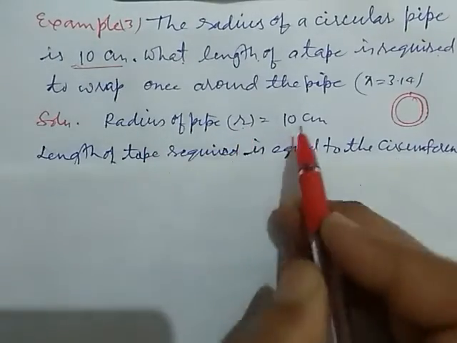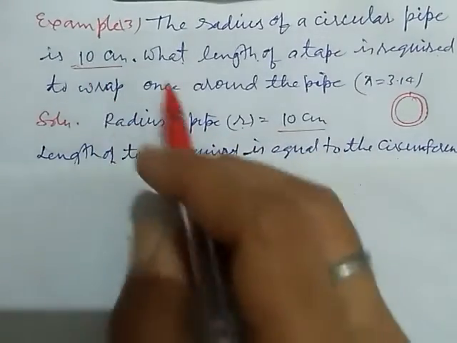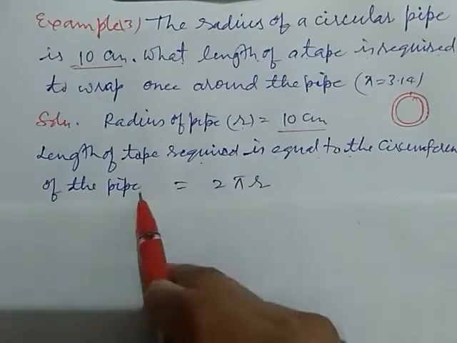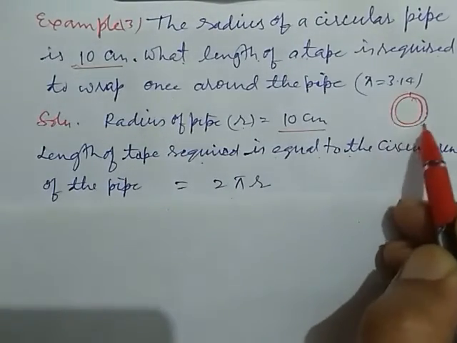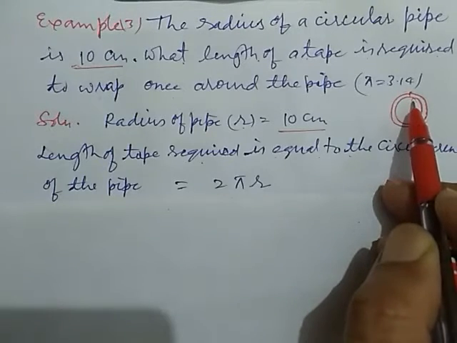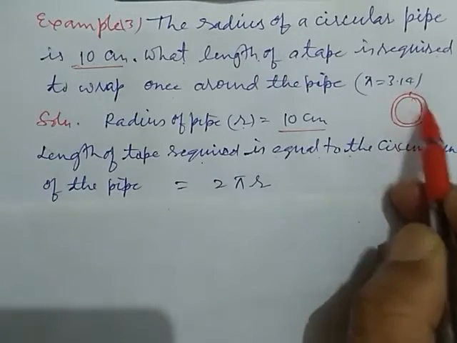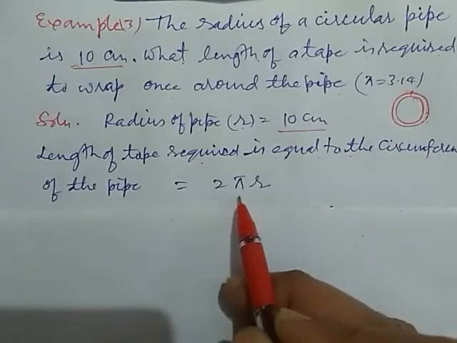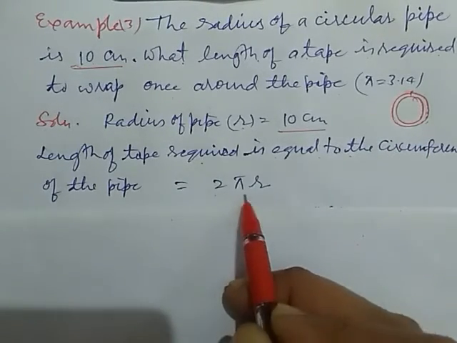The radius of the pipe r is 10 centimeter. The length of the tape required is equal to the circumference of the pipe, because the tape is wrapped once around the circular pipe. The circumference of a circle is given by 2 pi r.